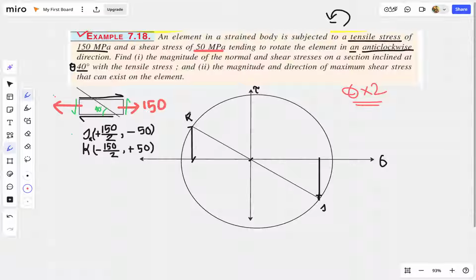So we have the k point, and we have the OK ray. For the OK ray, we are going to draw the 2 theta in a clockwise manner.